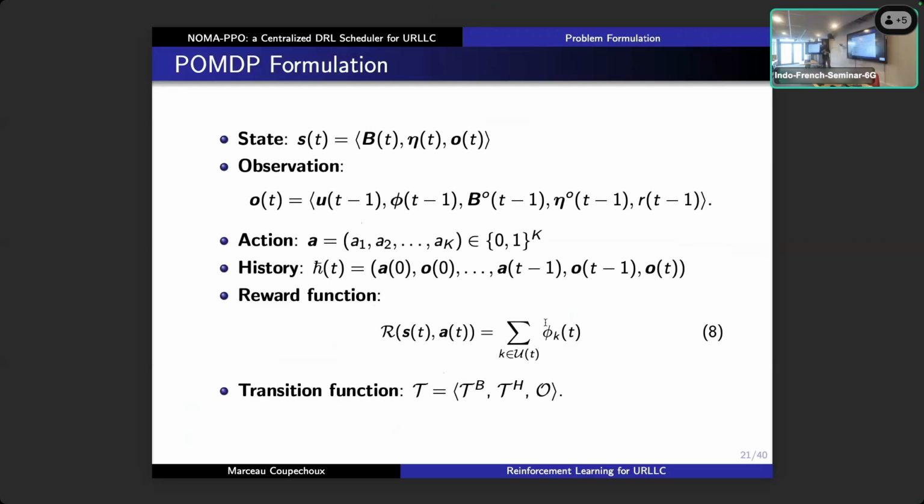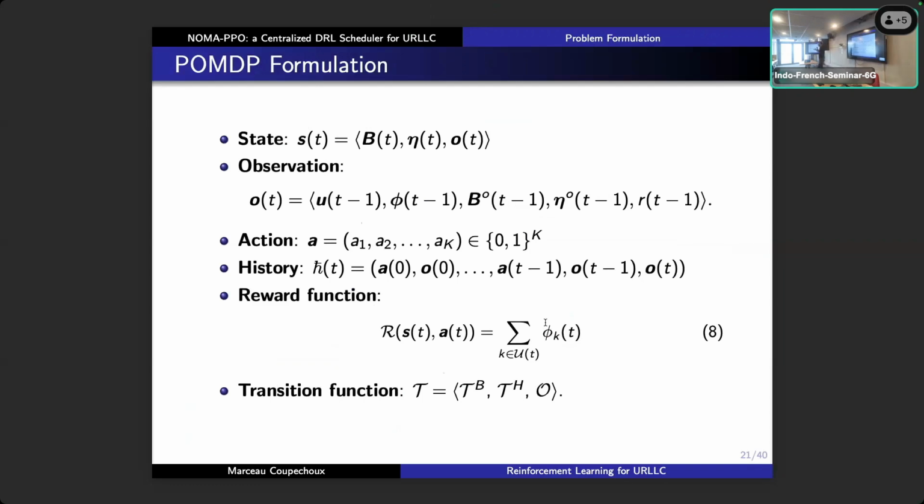The actions we have already seen, it's a vector of k dimension. And we have the history, which is classically the successive actions and observations we have had since the beginning of the system. And we have the reward function that we define like this. The reward, when we are in state S and we take action A, is just the number of packets we have successfully decoded.